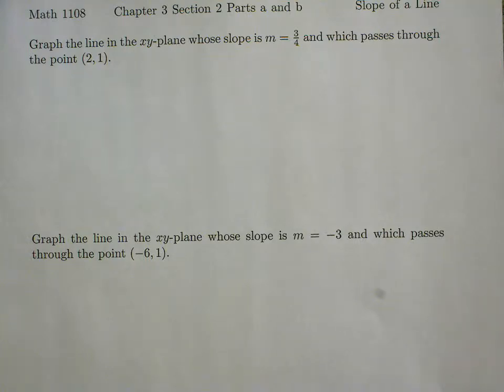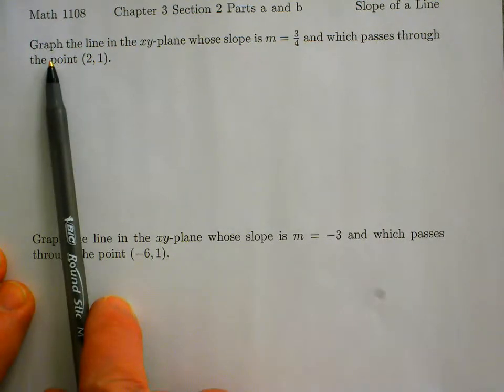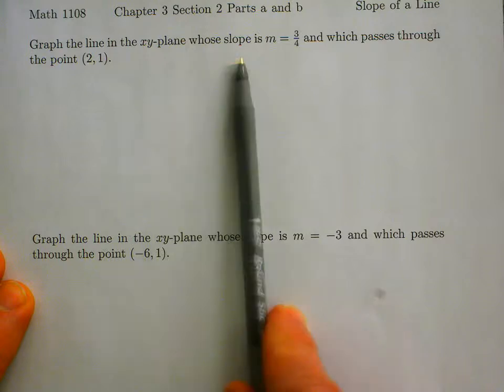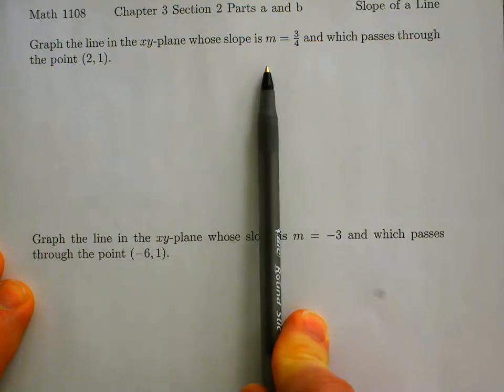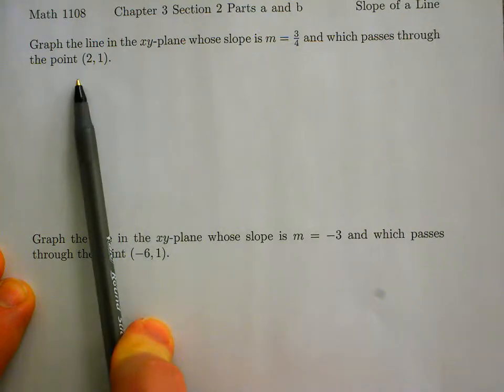So the key in this case is to remember that slope is rise over run. Okay, so graph the line in the xy plane whose slope is m equals 3/4, and which passes through the point (2, 1).